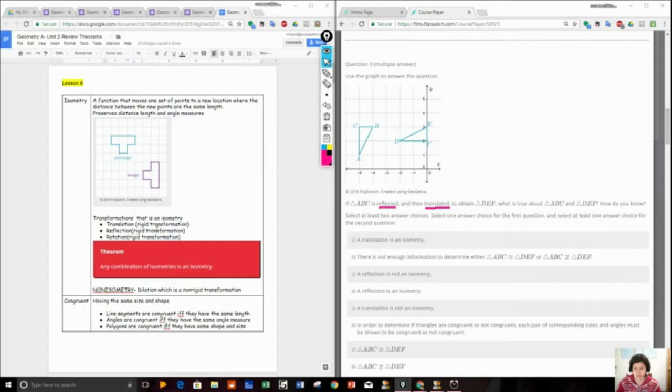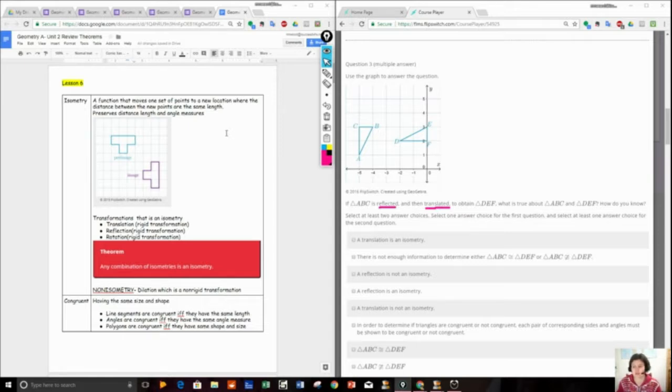They're from lesson 6. Again, a reflection is a rigid transformation, and it's also an isometry, and translation is a rigid transformation, and it's an isometry, which means that the distance between the new points are the same in length, and it preserves the distance of length and angle measures.